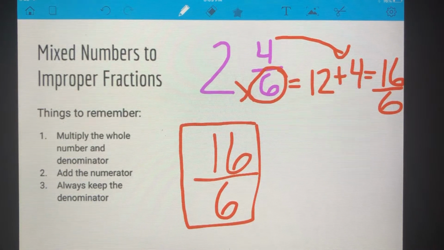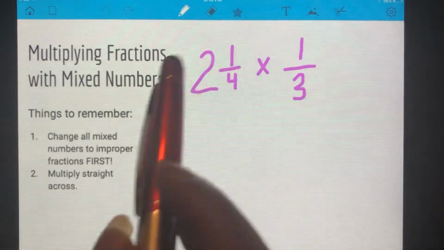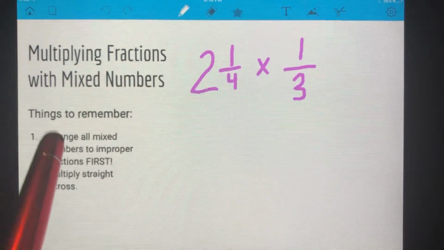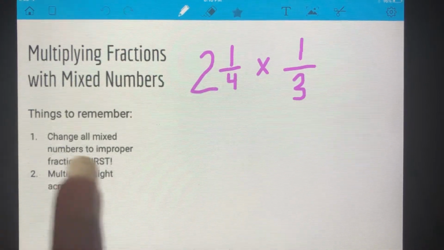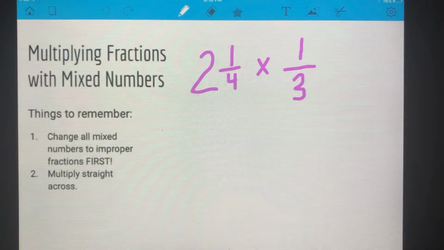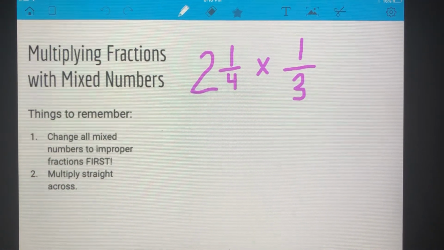Okay? Moving on. The next thing we did was we learned how to multiply fractions when we have mixed numbers with them. So things to remember over here, change all the mixed numbers to improper fractions first. So before you do anything, you want to change these mixed numbers to improper fractions, and then you want to multiply straight across. Okay?